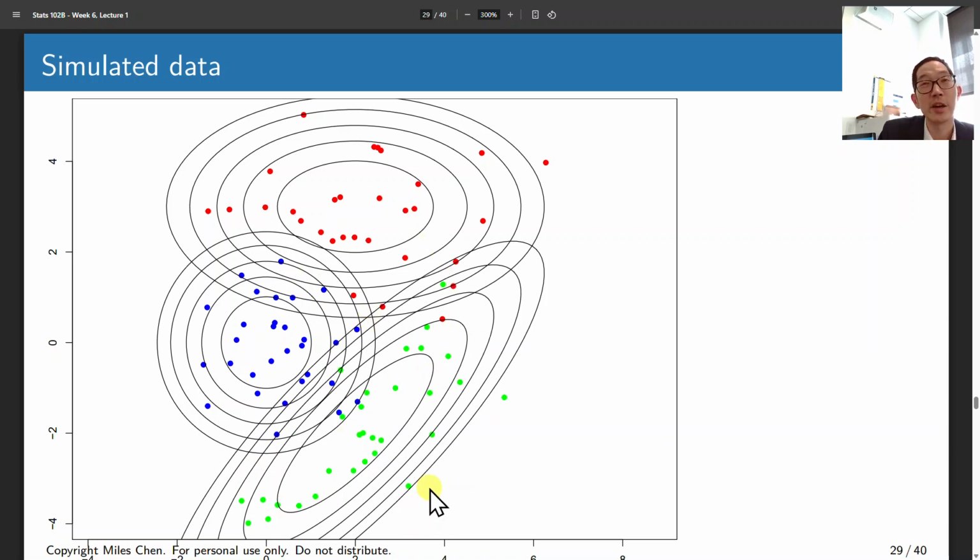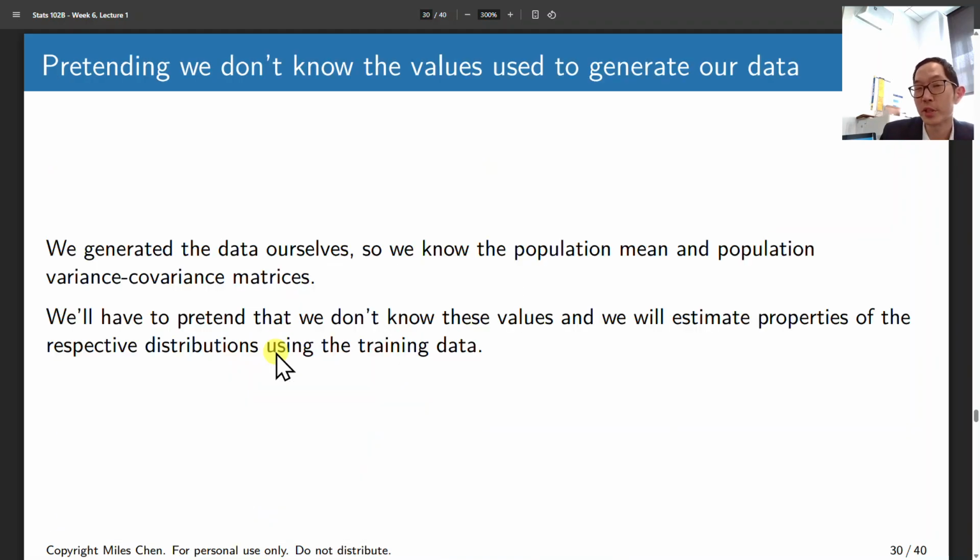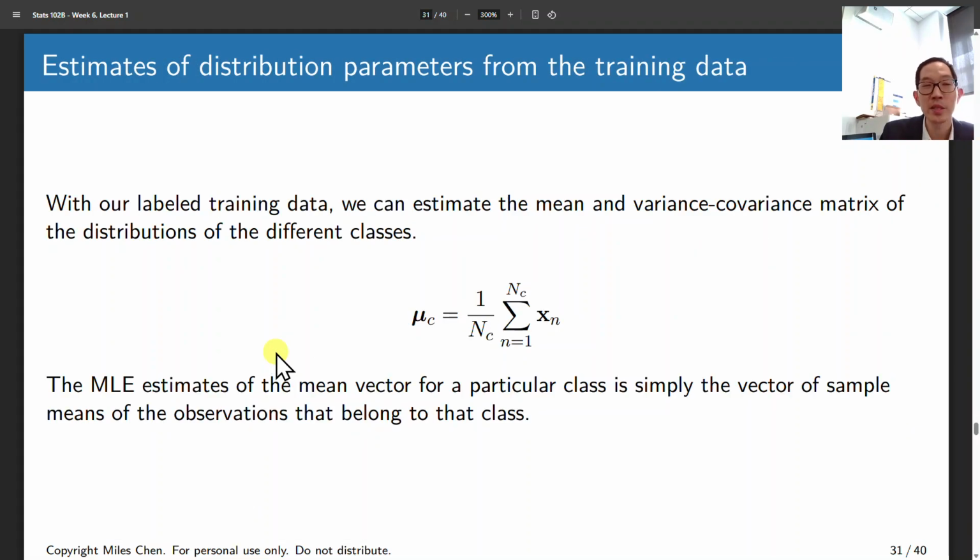We only get to see the dots, okay? The dots are labeled and colored red, blue, green by class A, B, and C, but we don't actually know what is the mean of the distribution that generated these blue dots. So we're going to have to estimate those. We're going to estimate them using just maximum likelihood estimation.